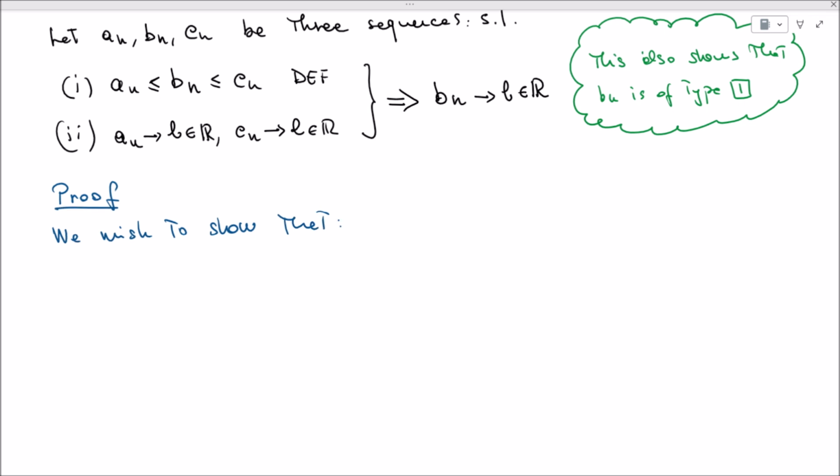We would like to prove that Bn is convergent to L. So for every epsilon larger than 0, Bn should be between L minus epsilon and L plus epsilon definitively, right?